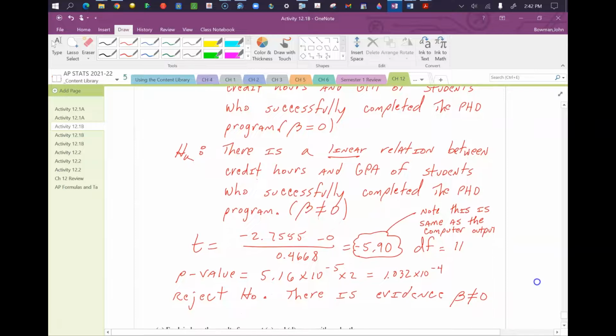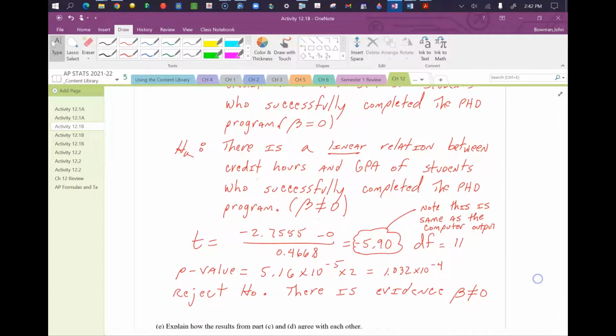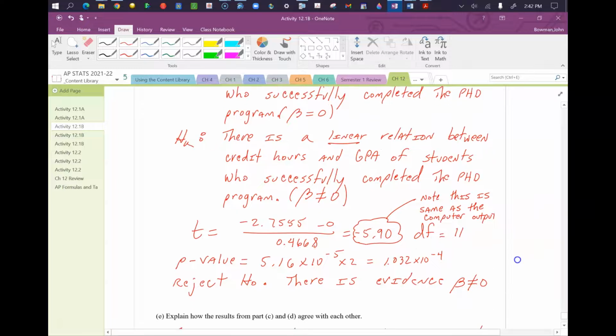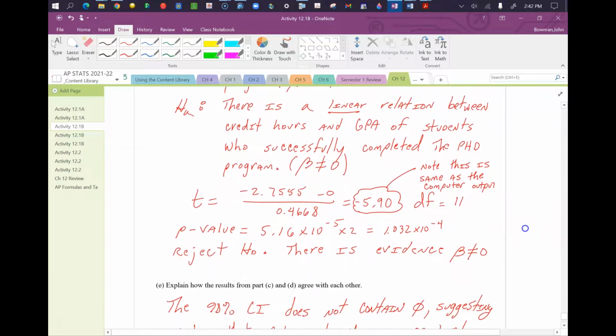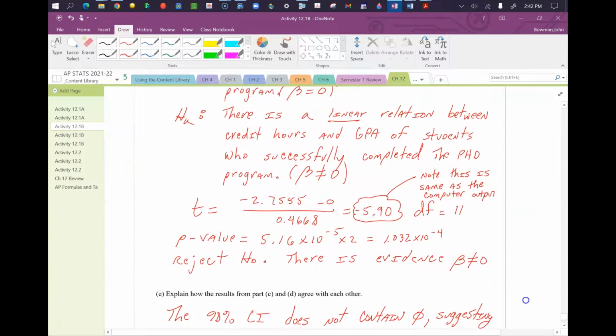Or you could read the p-value off the computer output, which says that it's 0 to 3 decimal places, which is consistent with what you see here. In either case, we would reject the null hypothesis, and there is evidence that beta is not equal to 0, i.e., there is a useful linear relationship between the two variables.